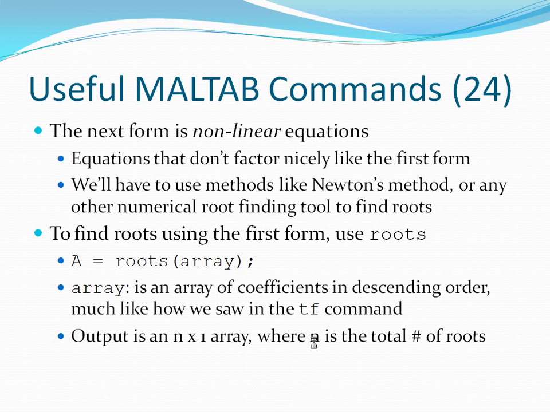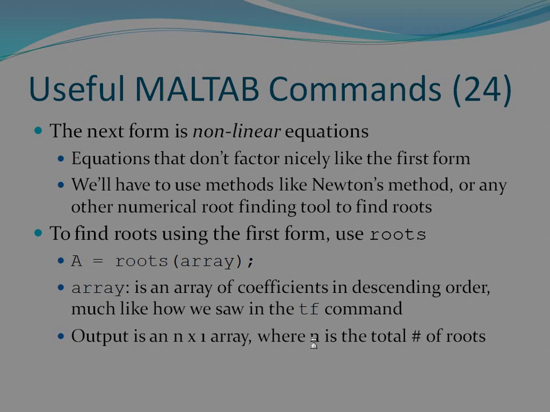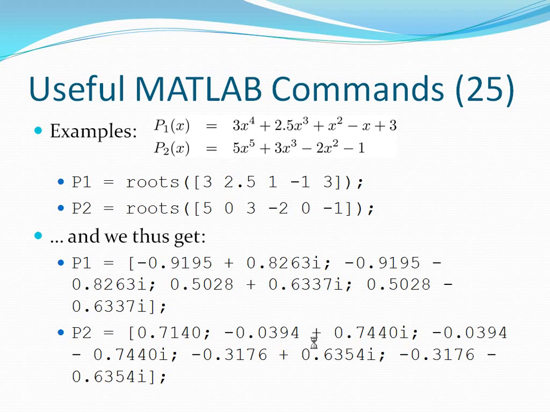If I wanted to find the roots of p1(x), which is 3x to the power 4 plus 2.5x to the power 3 plus x squared minus x plus 3, or the next equation, which is 5x to the power 5 plus 3x to the power 3 minus 2x squared minus 1, notice that the first equation is of order 4, which means we have 4 roots.